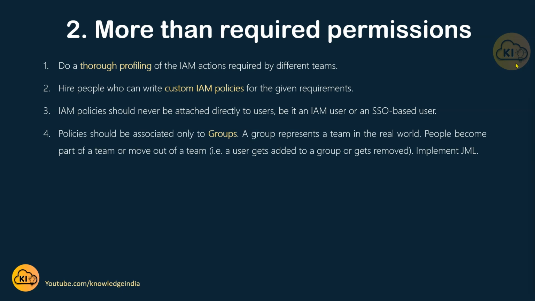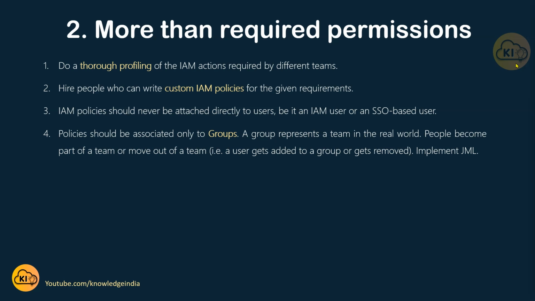Why? Because in the real world, think about this. If you have done the profiling properly, which is point number one, then what would happen is that every team which is there on the ground will correspond to a group on the AWS side, right? So as you figure out that a particular team does ABC actions, then you go ahead and give ABC permissions to the respective group.